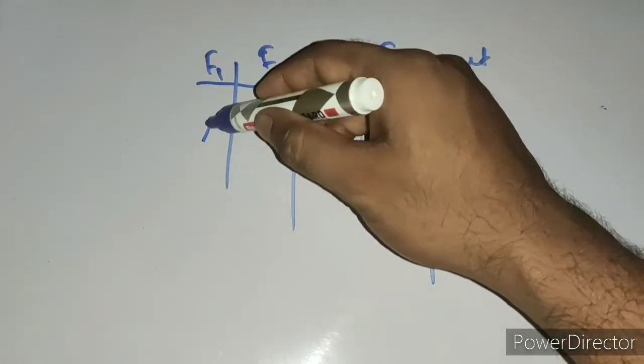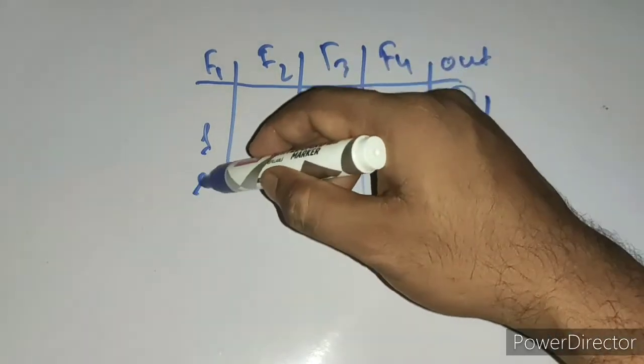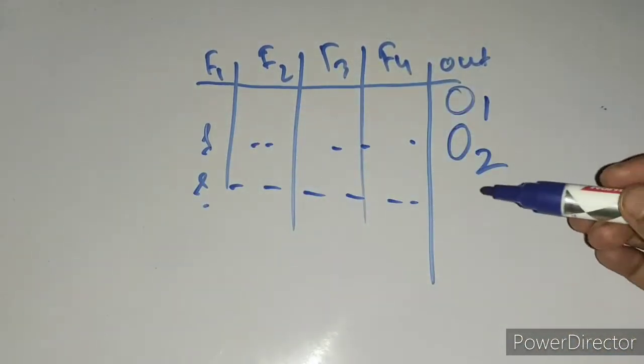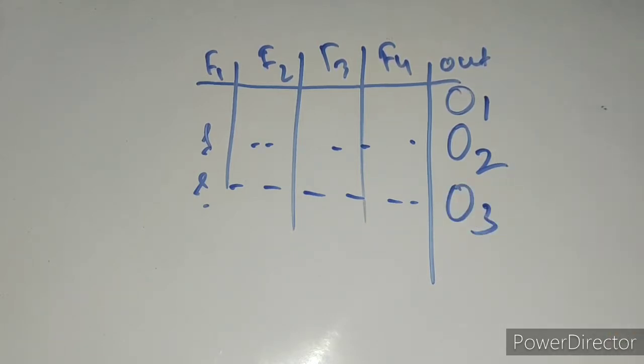For the remaining features, we found one more output, and for one more row, one more output. But when we consider these output features, the output will again be divided into three parts, because we have three levels. So how does it happen? Let's see.